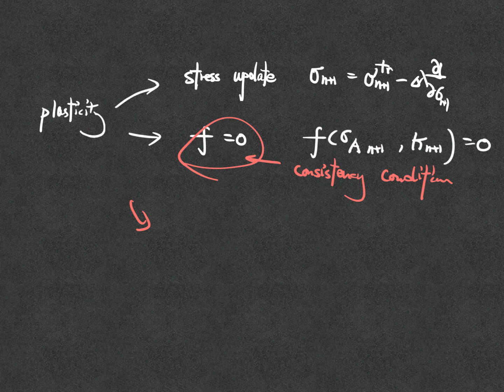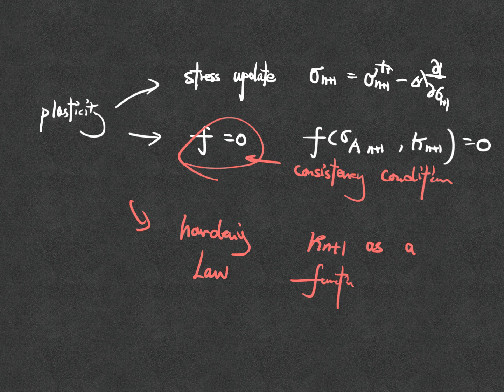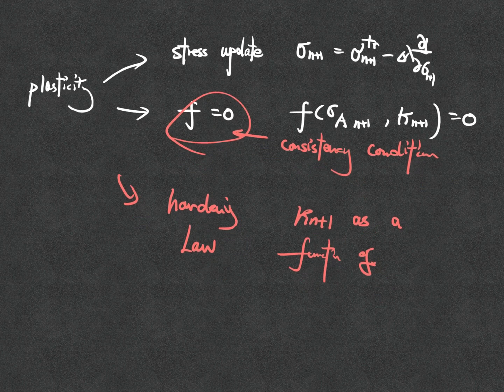Now, in the most general setting, I need another gradient, which is actually called the hardening law. In the most generic way, sometimes it's also called kinetic equations. This just gives me a rule to write this evolution of something. Okay, some kind of hardening rule.